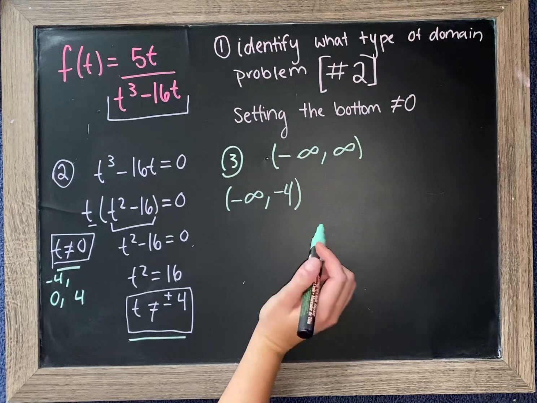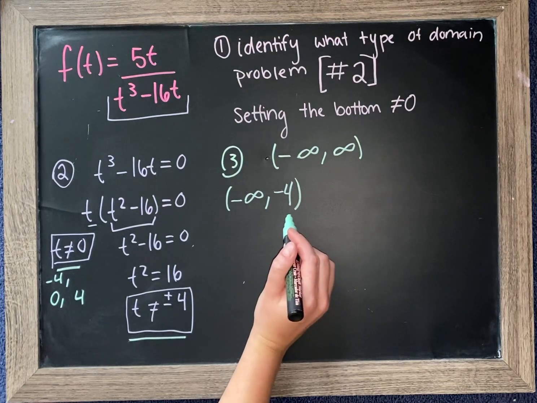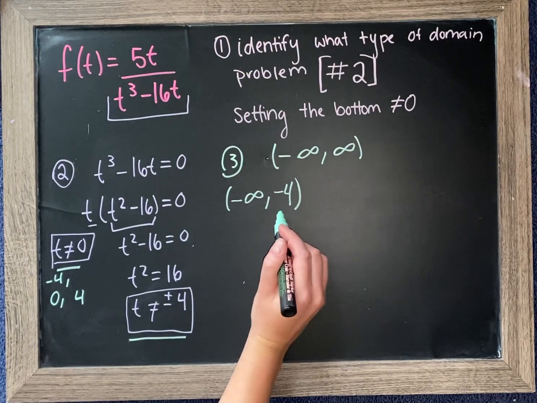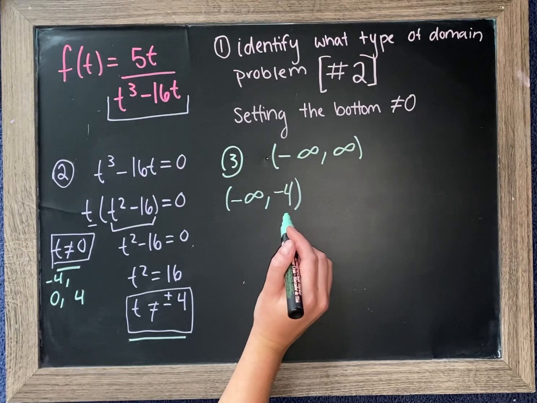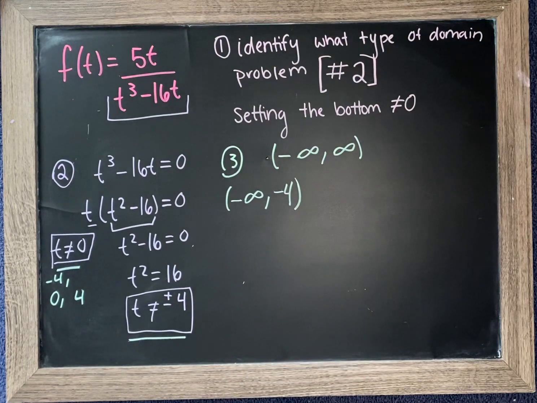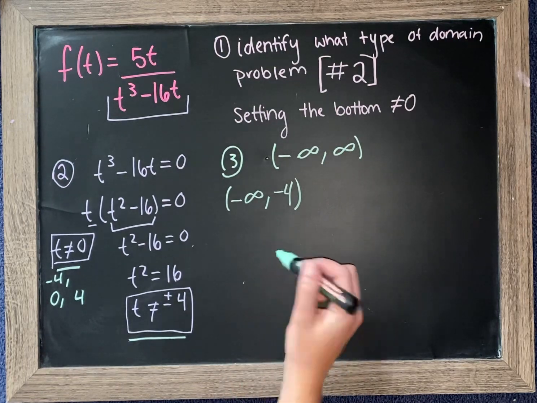So that's the reason that you would use the parentheses for a problem like this, because you want to make sure that negative 4 is excluded from the domain, and that's what that parenthesis does. So that's the first part that we're doing.